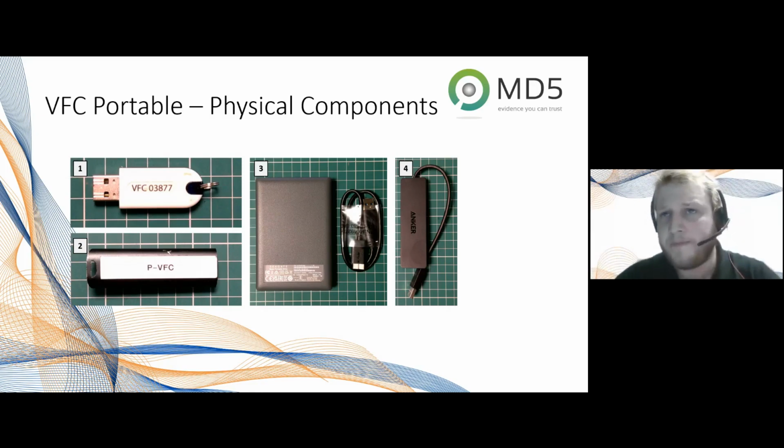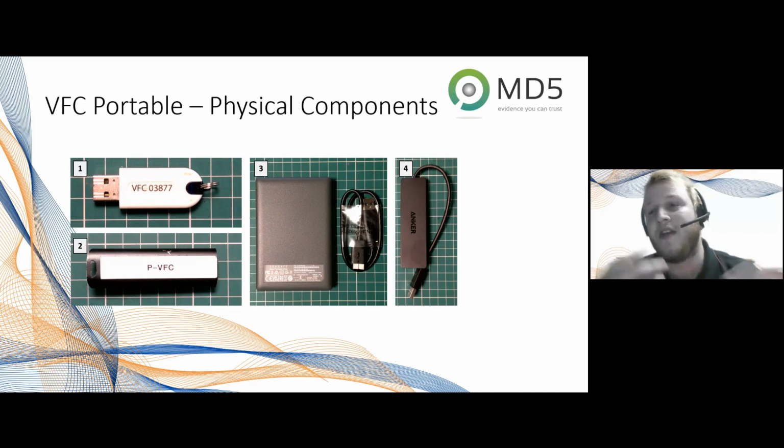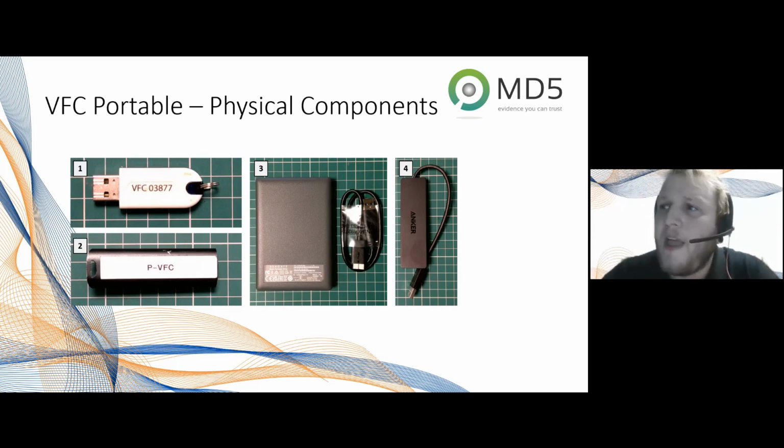a portable environment. The physical components to that are number one, which is the VFC dongle. This is the activation key, and this is required to make sure that VFC will work, essentially. We've also then got number two, which is the portable VFC license, the OS on there.